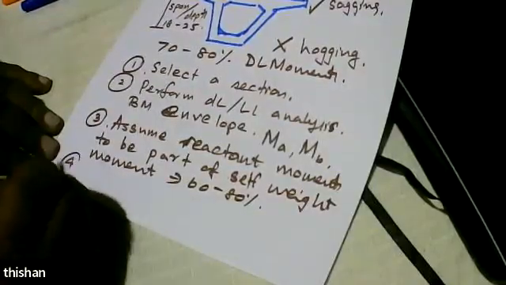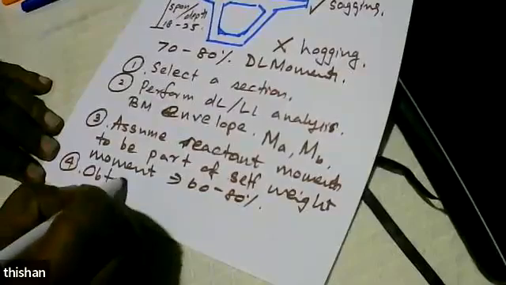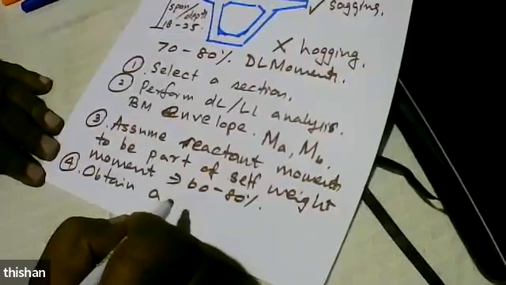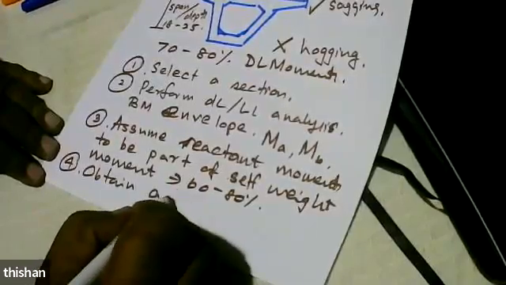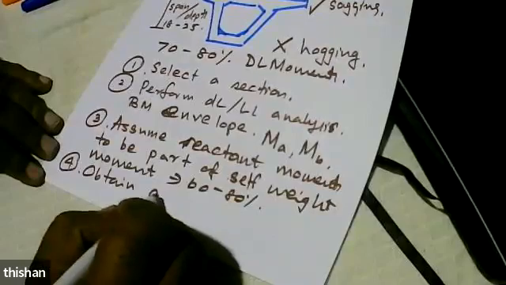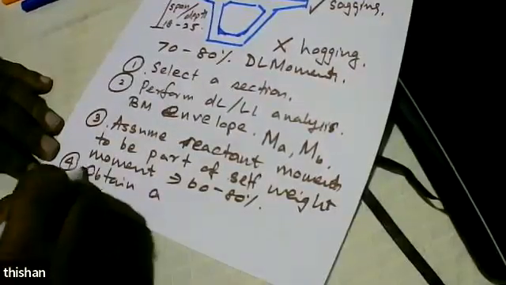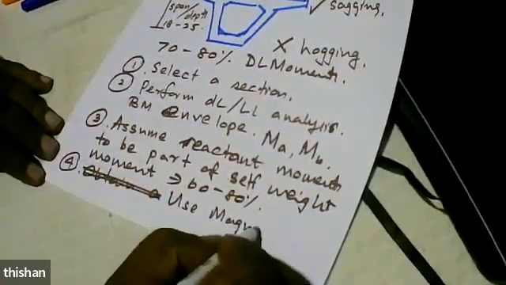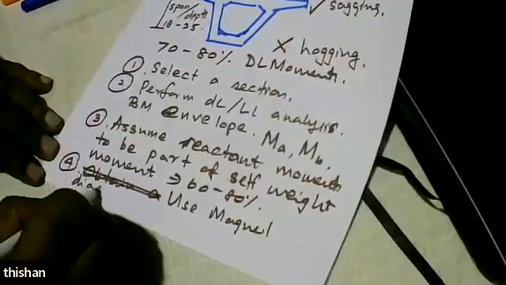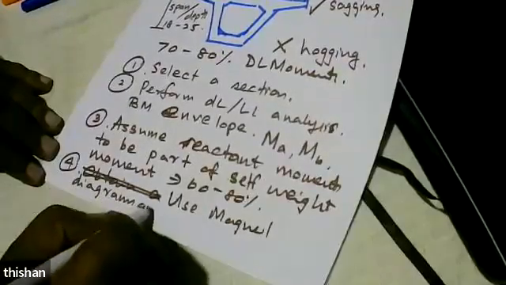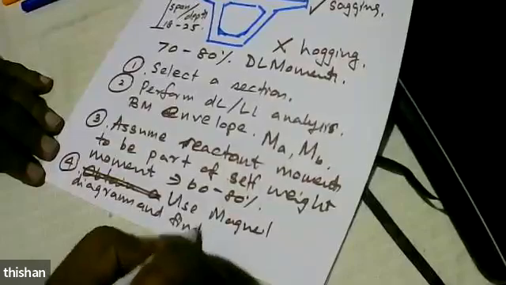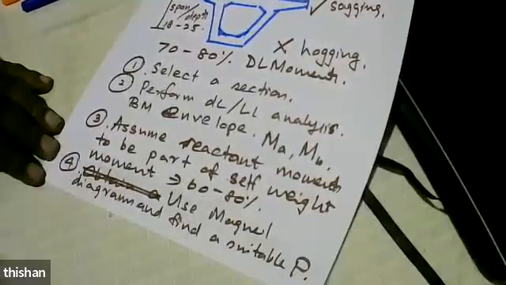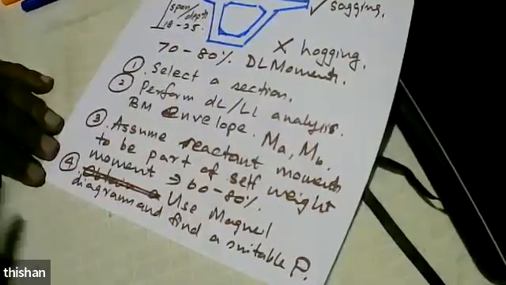Then obtain the modified moments, then use Magnel diagrams and find a suitable P. There is a P valid at all sections.